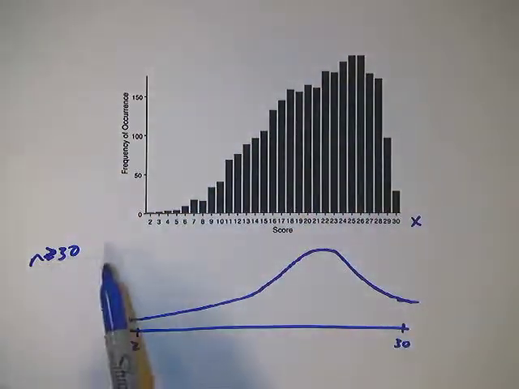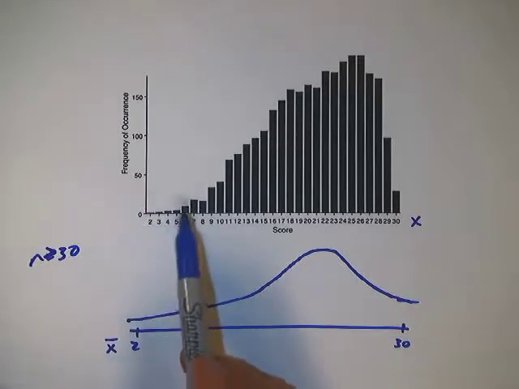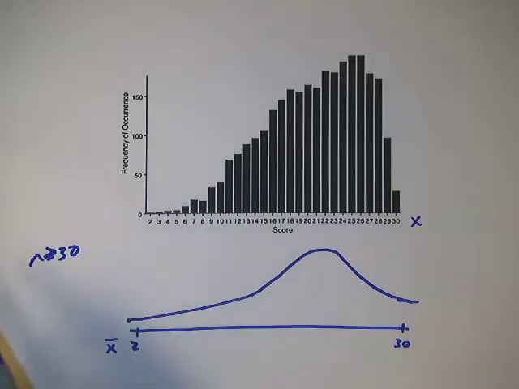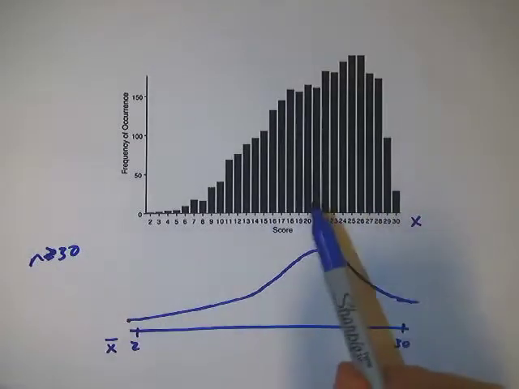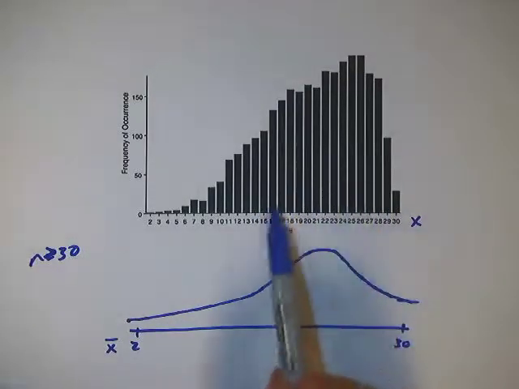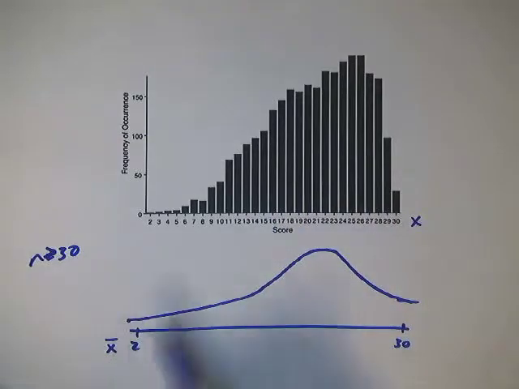If you happen to get a small value, it's not going to really throw off your mean. So the chances of you getting an x bar value over here are very low. If you're taking a sample of greater than or equal to 30, chances are you're going to get a sample mean in this range here. That's the reason behind having a sample greater than or equal to 30.